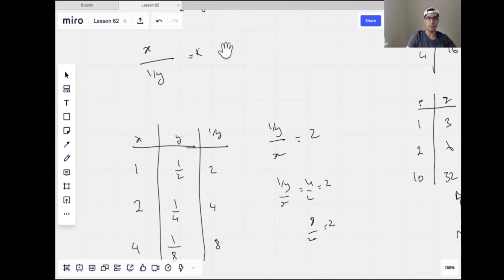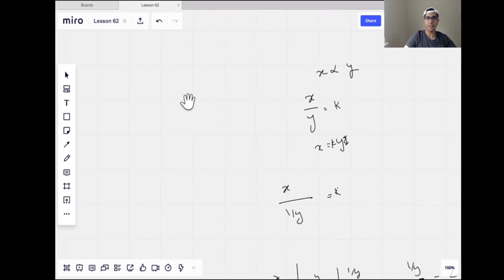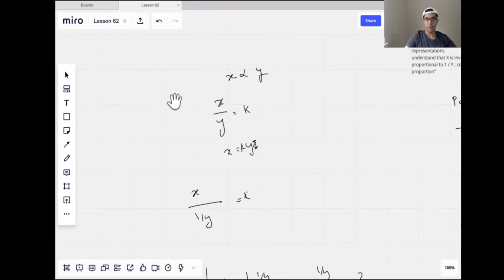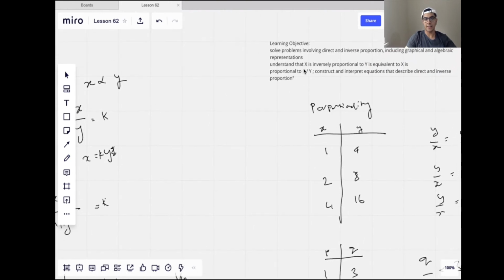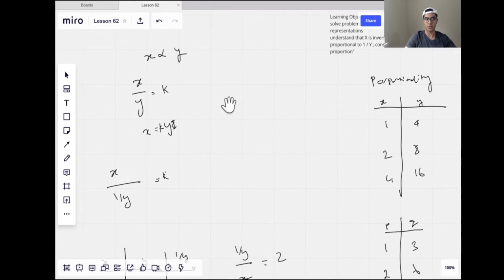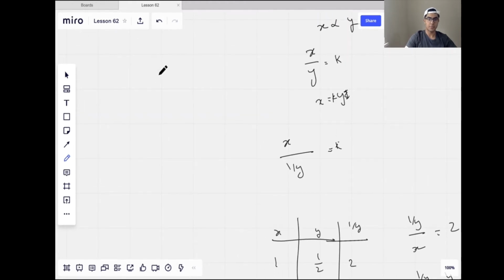So if x is inversely proportional to y, then it's the same as saying x is proportional to 1 over y, which is what we've said here, right? That's basically what inverse proportionality is.